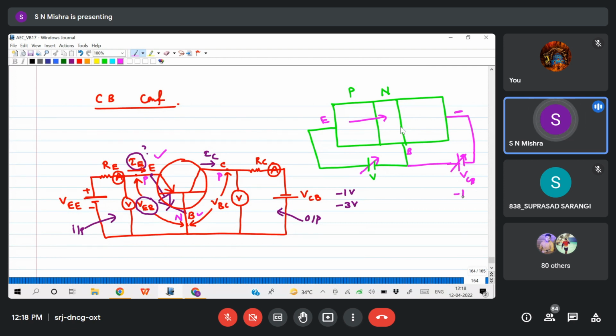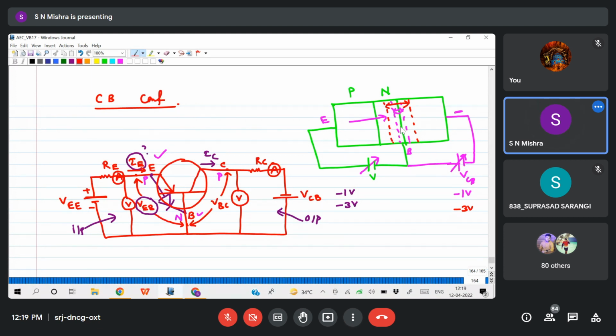Suppose initially I have taken VCB as minus 1 volt and the depletion region is like this. This is your depletion region. Now I am increasing to minus 3 volt, so the depletion region will increase. I am increasing the reverse bias, meaning the depletion region will increase.